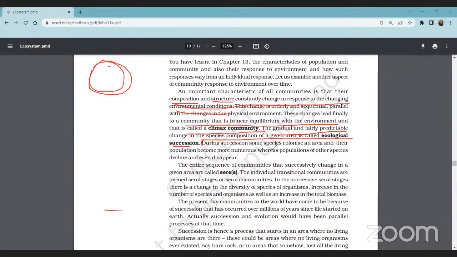During succession, some species colonize an area and their population becomes more numerous, whereas the population of other species declines and even disappears. If one species can tolerate the conditions, its number will increase and it occupies more of the area. So the other species will disappear from this area, and only these species occupy it.